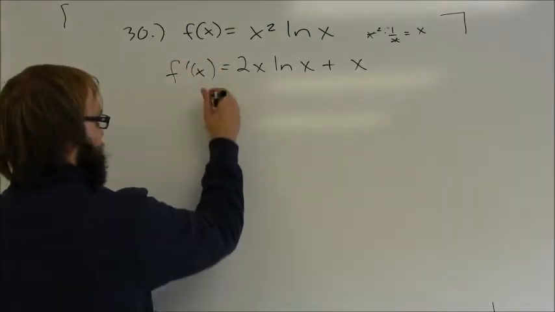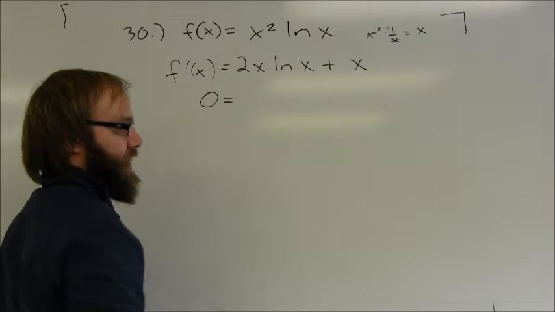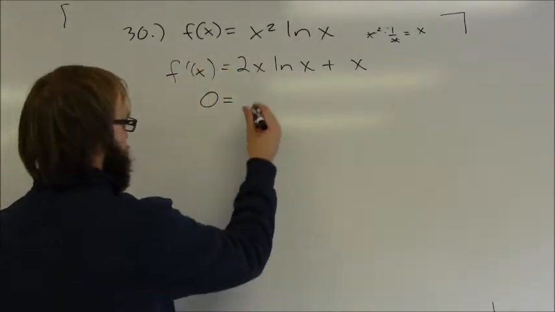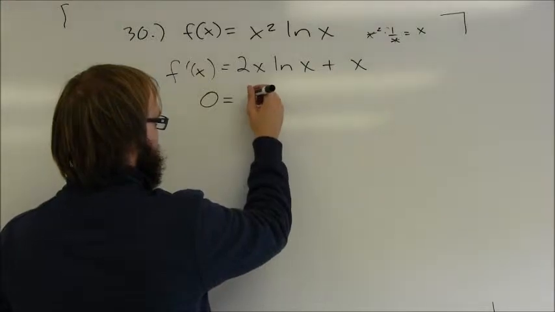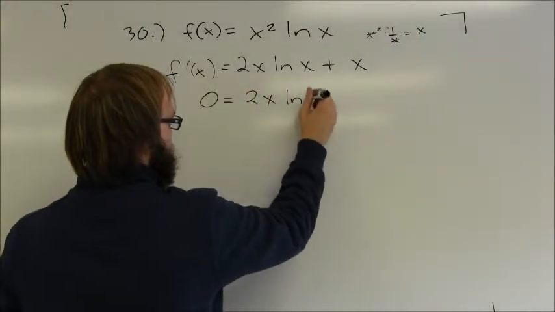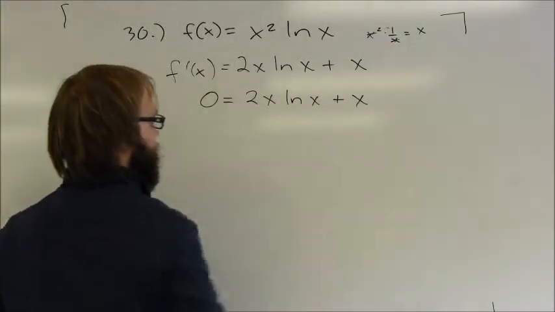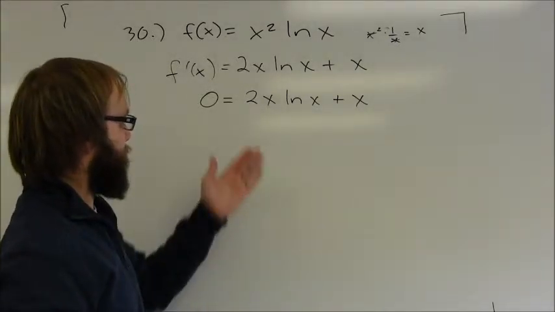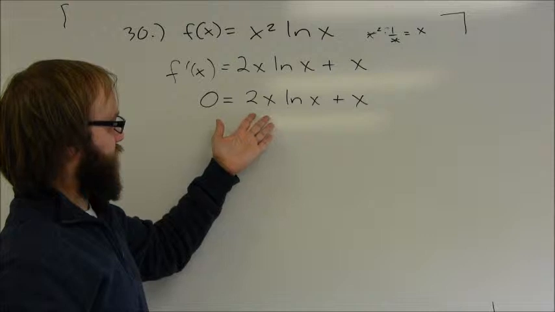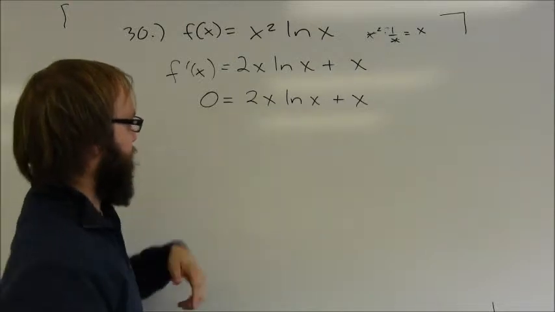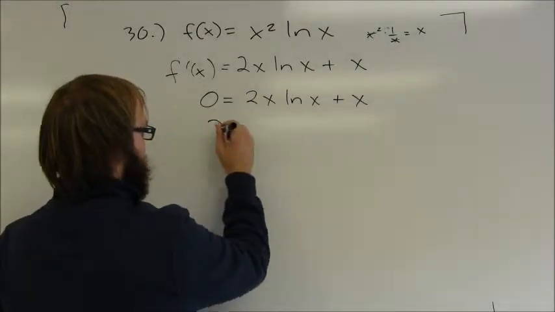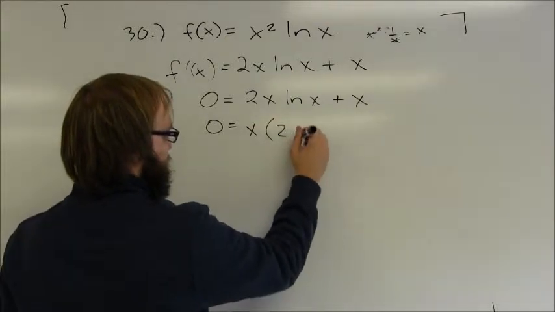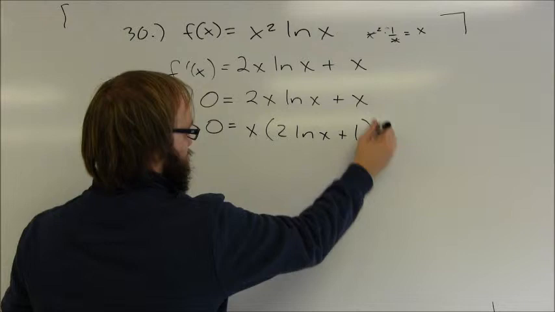Now, my critical values are going to take place where my function is either undefined or where it is equal to 0. So set it equal to 0. Basically what's going to end up happening here is I can factor out a value of x, and we're going to get 0 equals x times 2 ln of x plus 1.